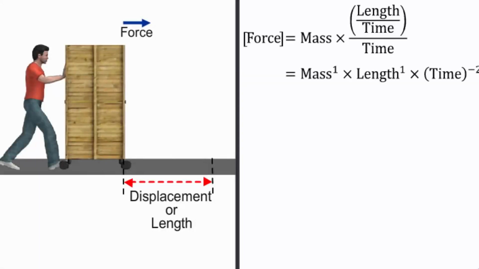The physical quantity expressed in terms of its base quantities is enclosed in square brackets to show that it is an equation among the dimensions of the quantity and not among the magnitudes. Thus we can write the expression for force as [F] = [MLT^-2], as shown.